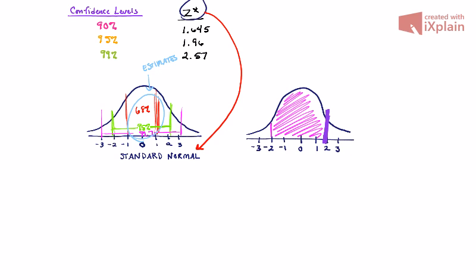So in order to figure out what this actual value is here, we can use the inverse norm function on your calculator. And in order to do that, remember that the inverse norm calculation reads everything from the very extreme left up to our stopping point.